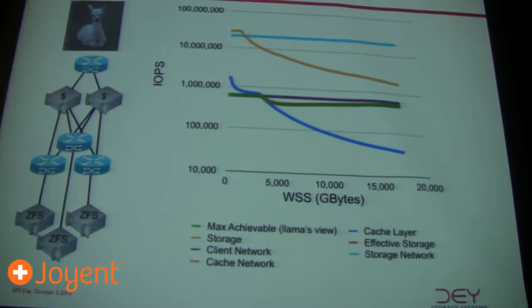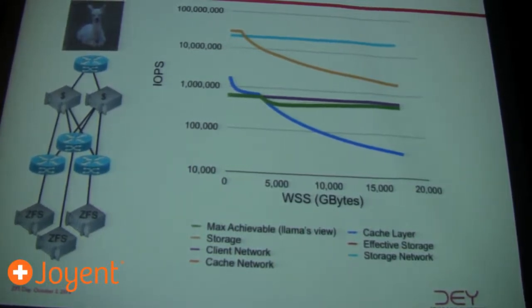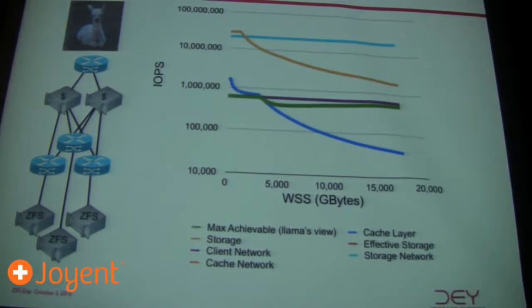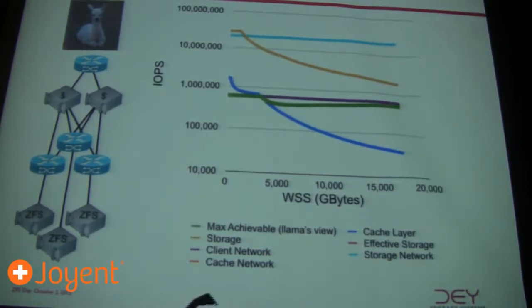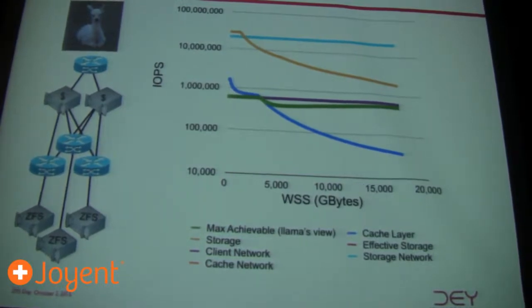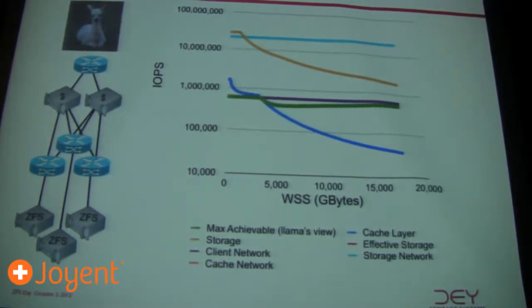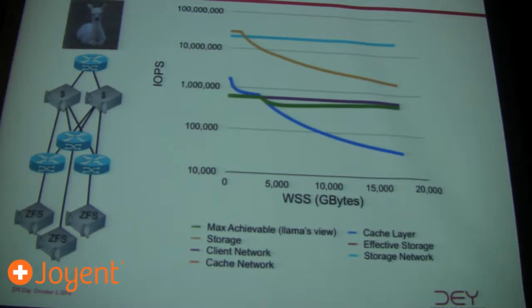We get multiple boundaries that play into this whole thing. The dark blue cache layer line that tails down is really the performance of the cache layer. And you can see as the working set size grows, you blow through the cache, just as we would predict. Your working set is too big for the cache, so you're going to have a lot of cache misses, and that performance is going to go down if you had no other backing store.